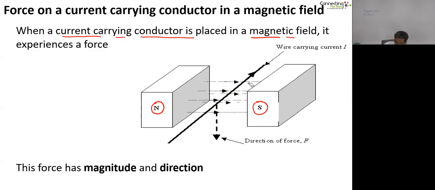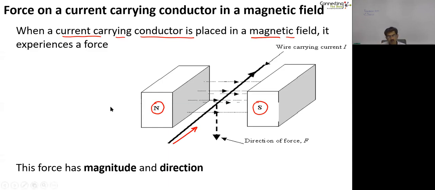And what have we placed inside the magnetic field? We have placed a wire in which current is flowing. So what happens when a current is flowing through the wire? It creates a magnetic field of its own. And the two magnetic fields interact, and one exerts a force on the other. The wire exerts a force on the permanent magnets, and the permanent magnets exert an equal and opposite force on the wire.